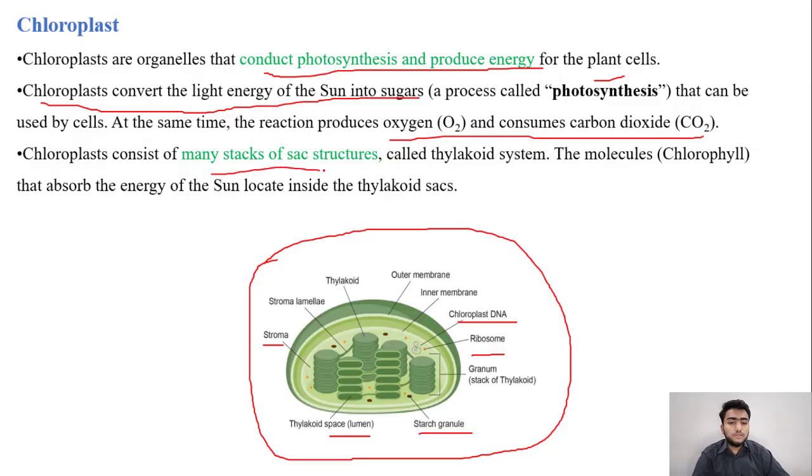Chloroplasts consist of many stacks of sac structures called the thylakoid system, and the molecules of chlorophyll that absorb sunlight are located inside the thylakoid sacs. So really sunlight is able to excite an electron contained within this structure, and then the complete procedure of the light dependent reaction proceeds, and then the light independent reaction proceeds, which allows it to generate energy.